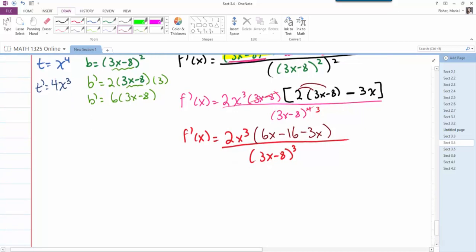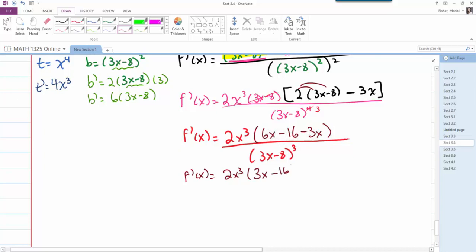I apologize, 6x minus 16. And then if we combine those like terms, f prime of x is going to equal 2x cubed times, from these two, we end up with 3x minus 16. And you don't want to simplify it any more than that, because in order to solve this, we'd have to factor. And if we distribute all this stuff together, then we're going to have to factor it at the end anyway.